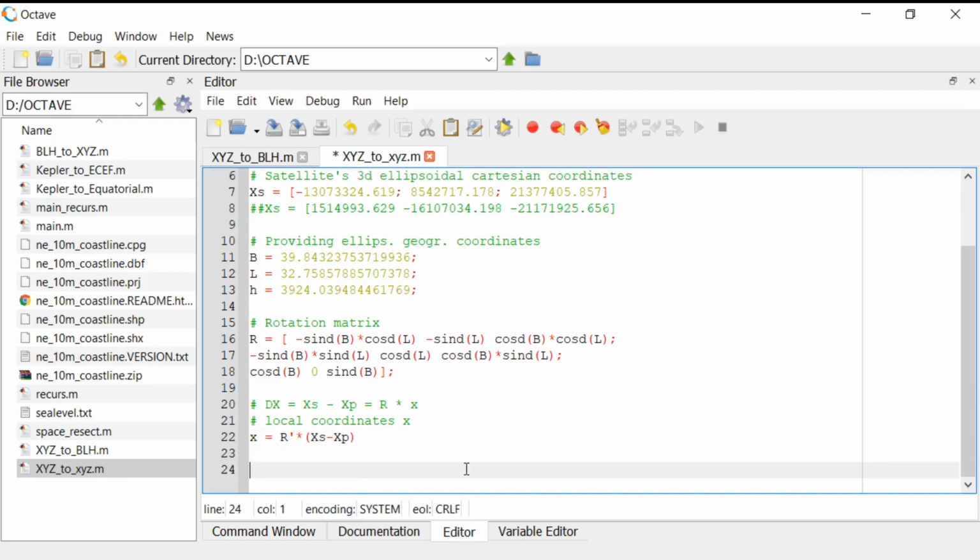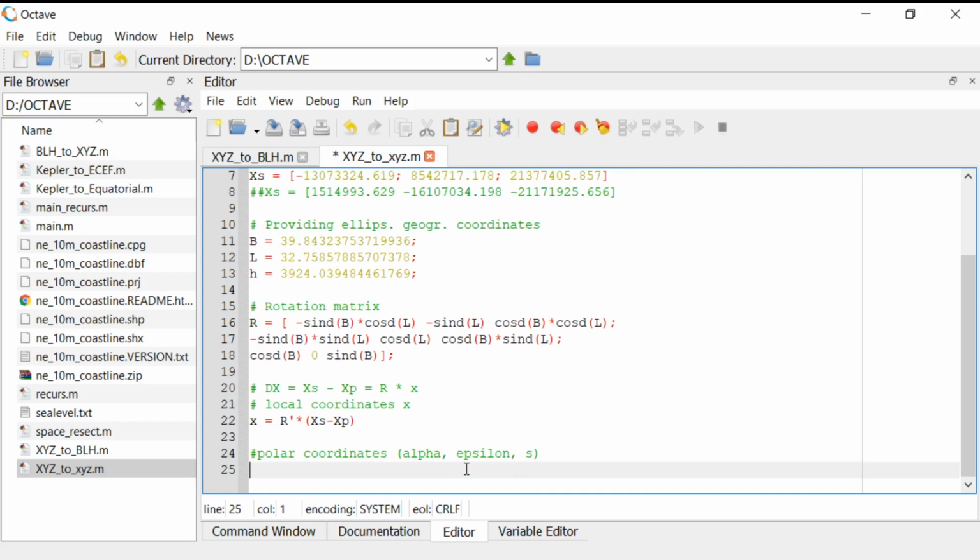So now I need to compute the satellite's polar coordinates. Polar coordinates means the alpha angle, as you recall from our equation, the epsilon angle, and the slant distance, or simply s, let's say.